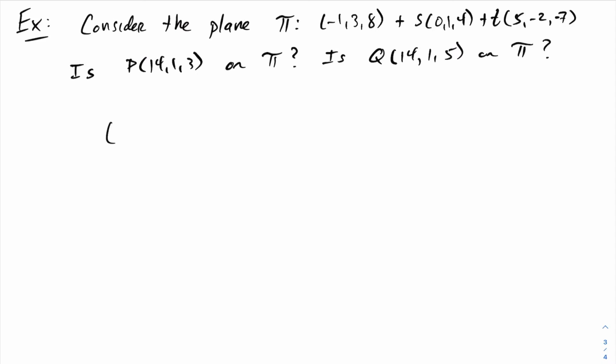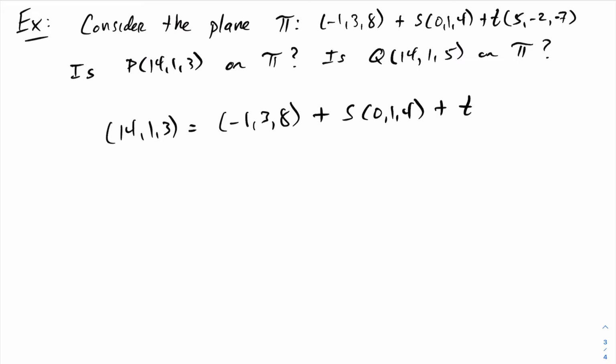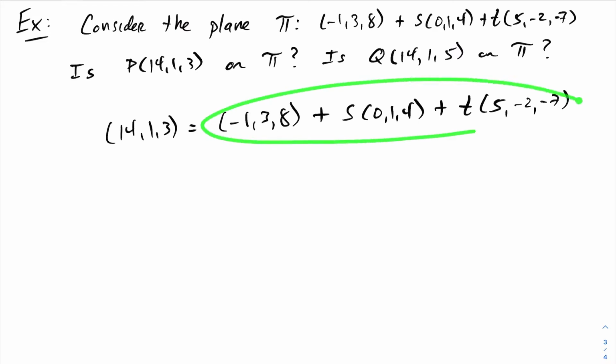For instance, if point P is on the plane, therefore (14, 1, 3) must equal our point, plus there must be some s value such that when multiplied by our first direction vector, plus some t value, which then when multiplied by our second direction vector and summing all of this up, must equal (14, 1, 3).